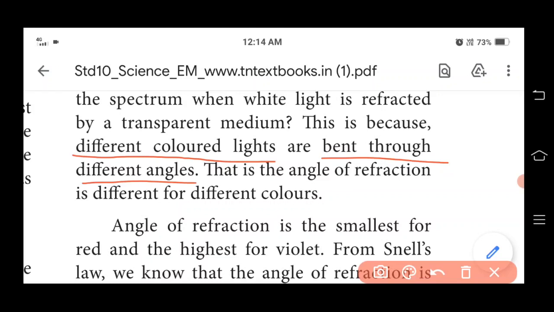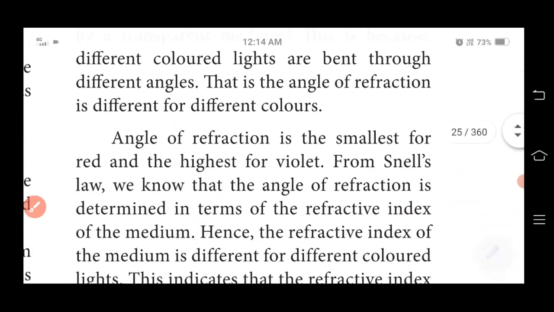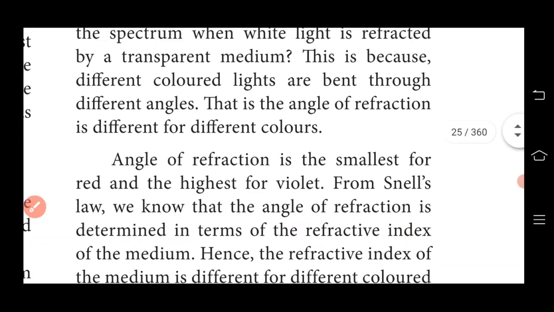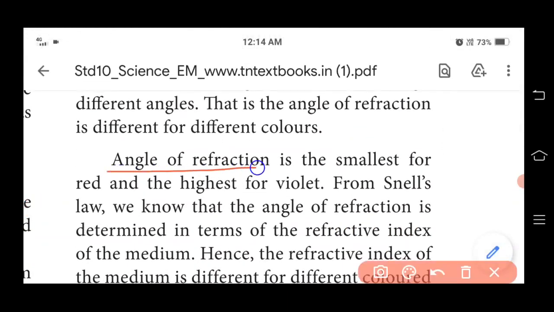That is, the angle of refraction is different for different colors. And another important one mark question: the angle of refraction is smallest for red and highest for violet.